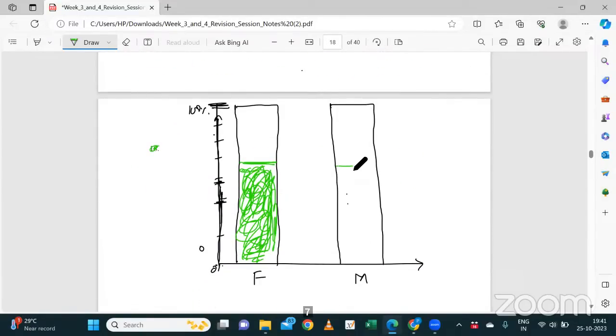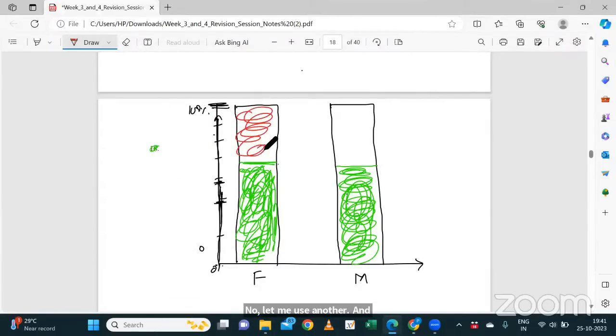So it will be somewhere here. Now let me use another color. The remainder is for females who are not owning a phone, 22.73%. That will cover the remaining area.